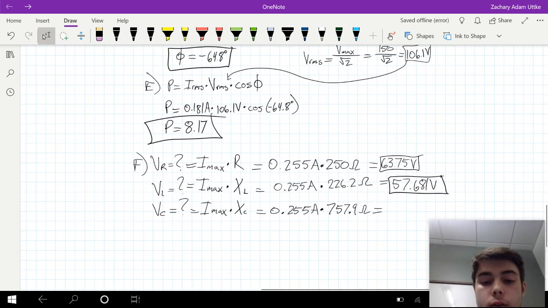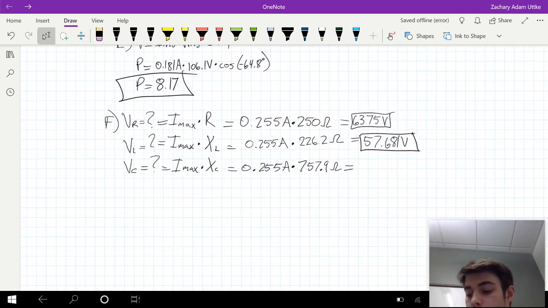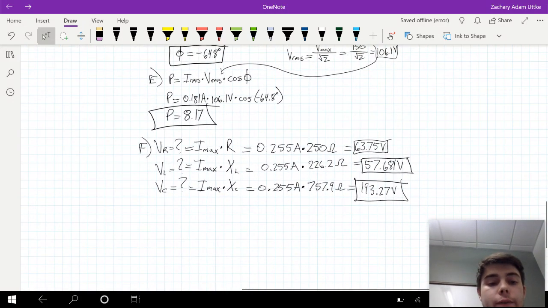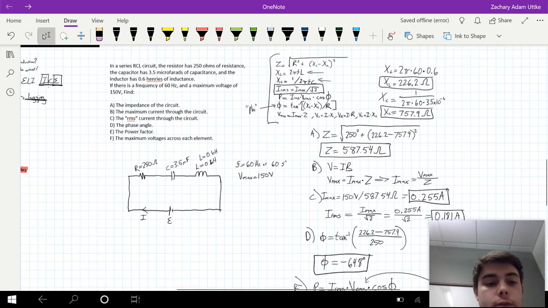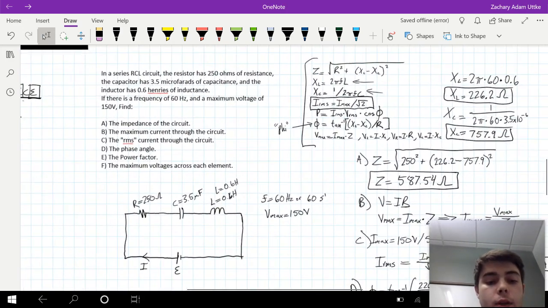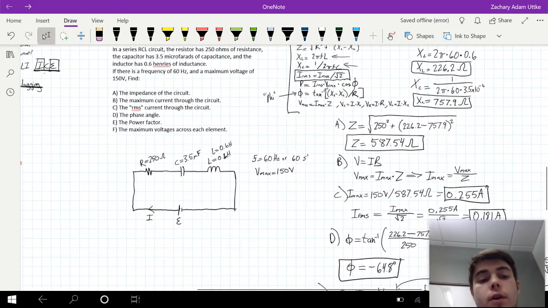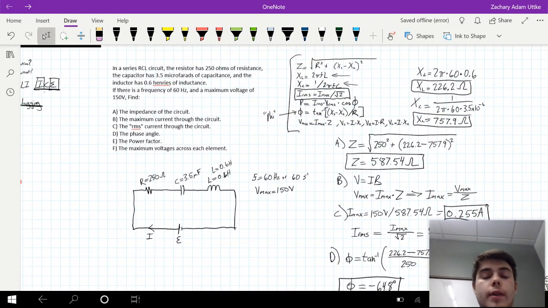And finally, 0.255 times 757.9 is 193.27 volts. Okay, so we've answered everything that the question asked for. I know it's a long problem, but this is how you solve for everything that you can pretty much ask for in an RCL circuit. So thank you for watching.